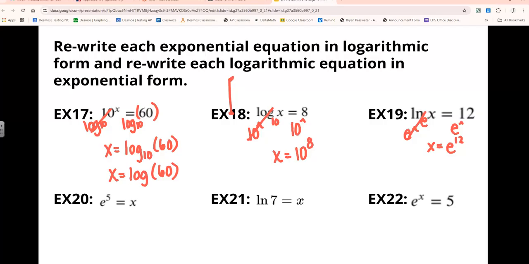All right, Adela, what's my base on number 20? It's E. So it's perfectly fine right here to say, well, if I'm getting rid of an E, I'm going to do a log base E, right? It's perfectly okay to do that. And so over here, you would just be left with a 5.